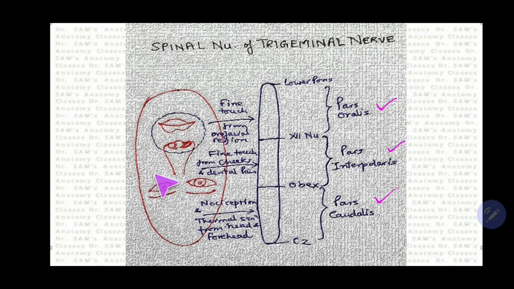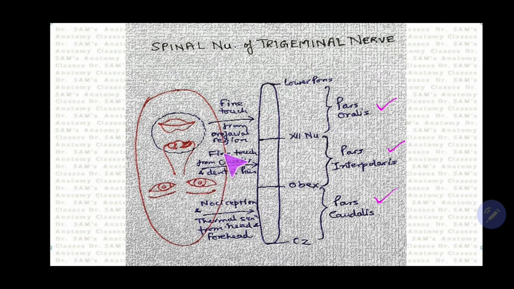So this is a somatotopic representation. Important is, that's why I was telling that pars oralis is in proportion. This area is called the muzzle area, where you have nostrils and oral aperture, the sensations of fine touch from the orofacial nostril region. These are brought in and relayed here in the pars oralis.